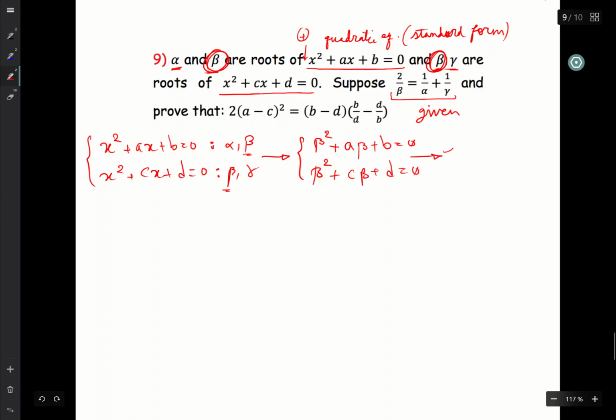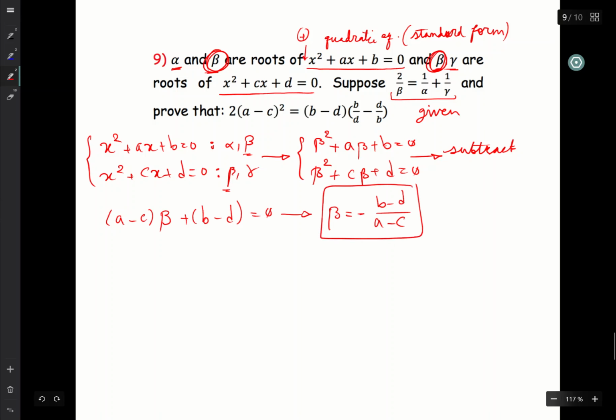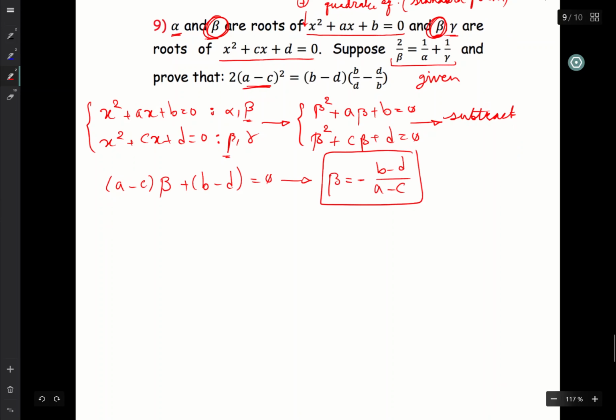If we subtract these two from each other, we end up with (a minus c) beta plus (b minus d) equal to 0. Beta should be minus (b minus d) over (a minus c). Okay, so we're getting somewhere. We were able to take out some a minus c and b minus d.